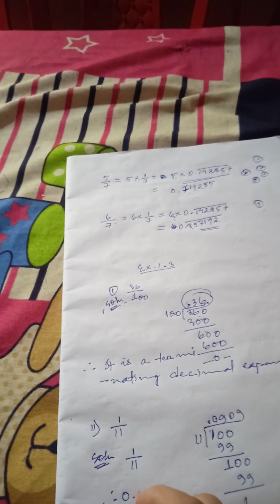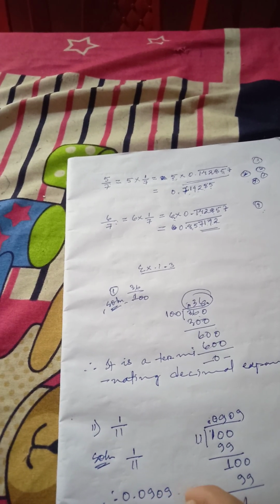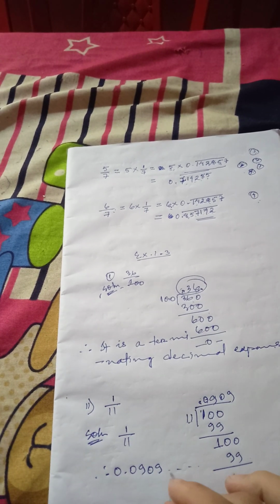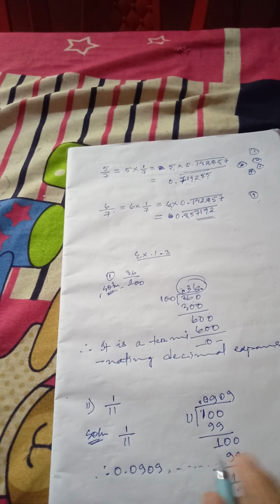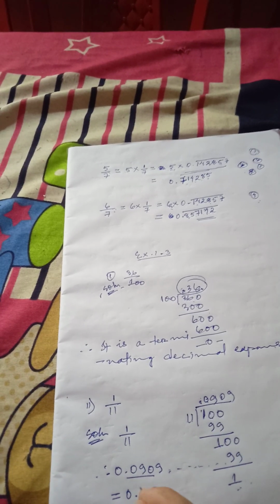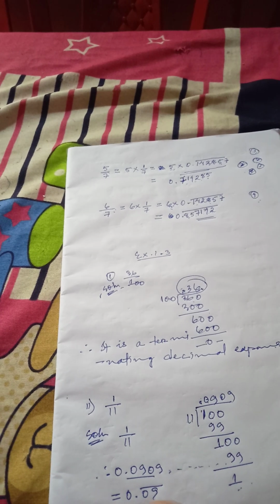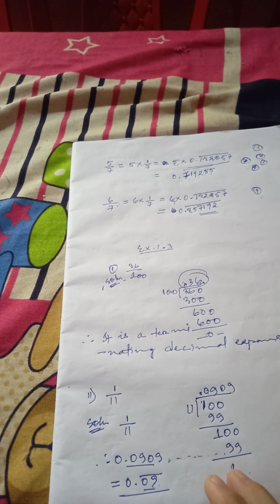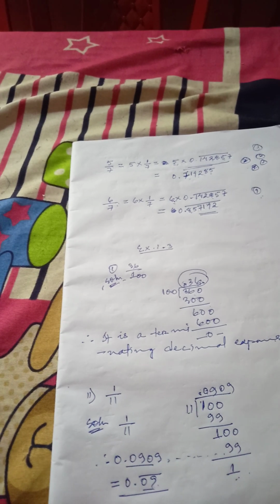Therefore what is the decimal expansion that we got? That is 0.09. Actually the remainder is not 0, it is non-zero, so the decimal expansion will go on like this. We can represent it in short form as 0.09 bar. This kind of decimal expansion which never ends, or repeats itself after this digit again and again, is known as a non-terminating recurring decimal expansion.